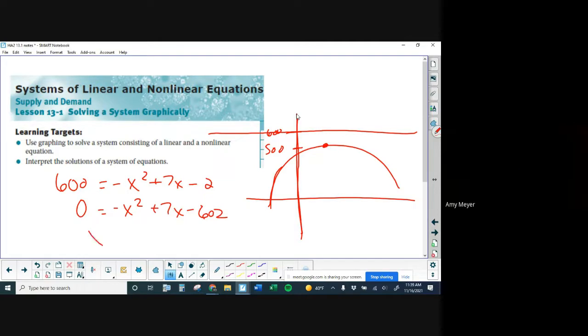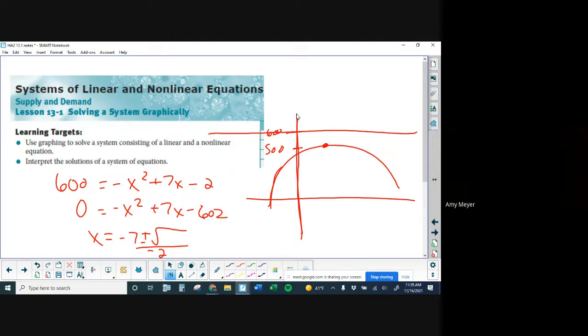What's going to happen, because we know our answers, what's going to happen when I'm doing the quadratic formula and trying to solve this? We know the answer, right? Is it going to reach 600? So am I going to get two nice values that equal 600? What's going to happen here?